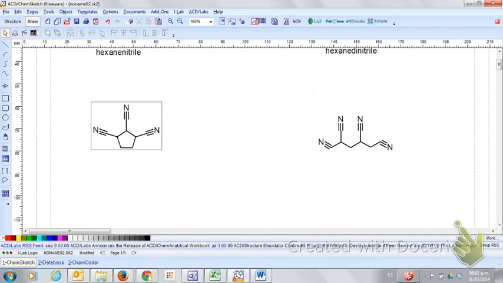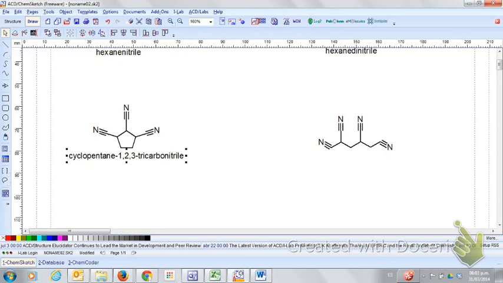But when we have a cycle, we cannot name it nitrile, and we will name it as with a carboxylic acid with a cycle. It will be cyclopentane, a ring with 5 carbons, only single bonds, 1, 2, 3, 3-carbonitrile.